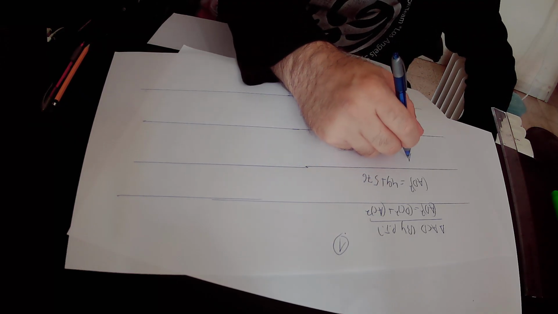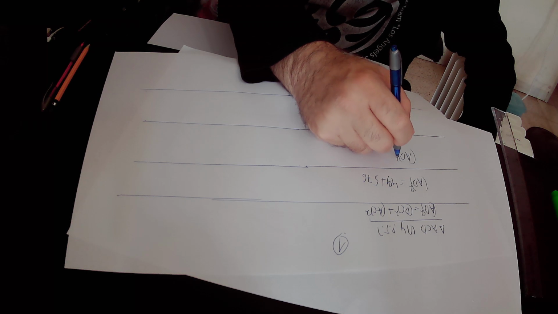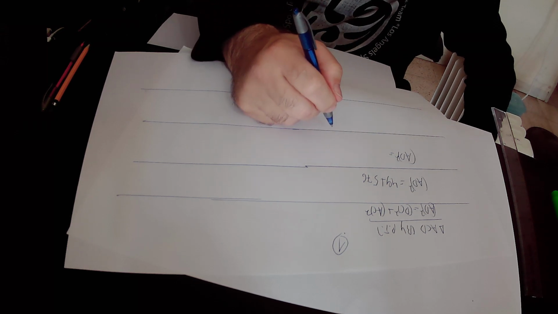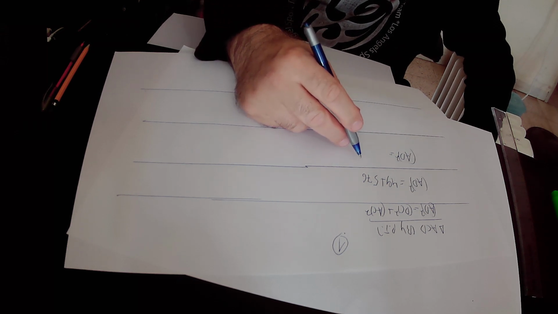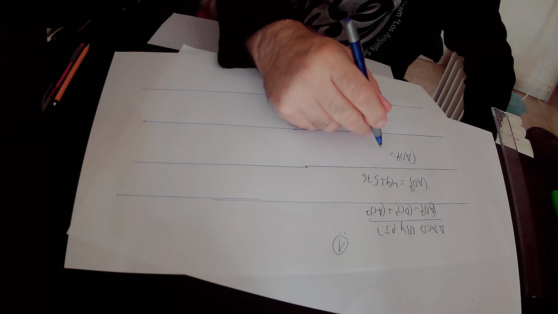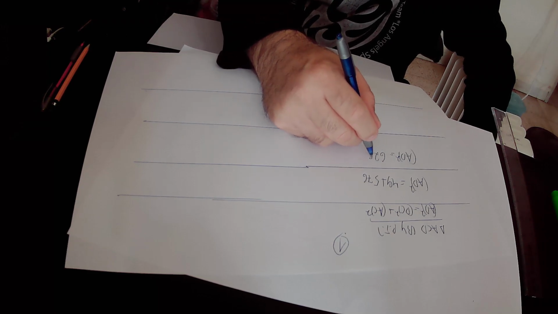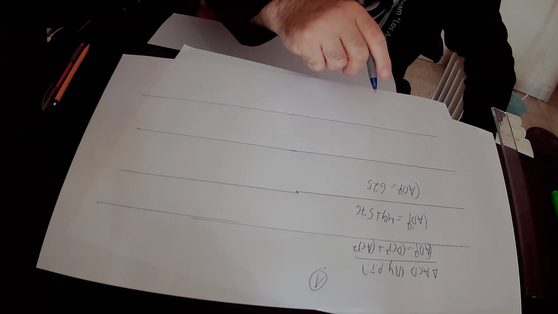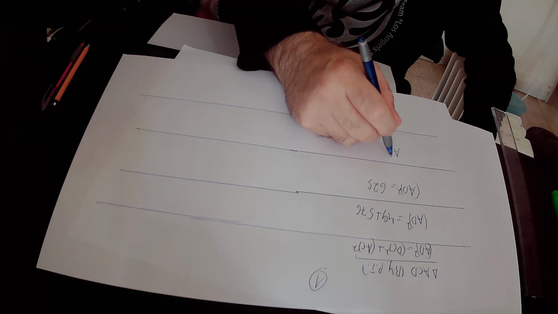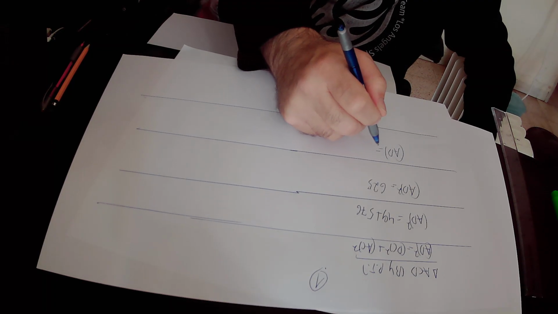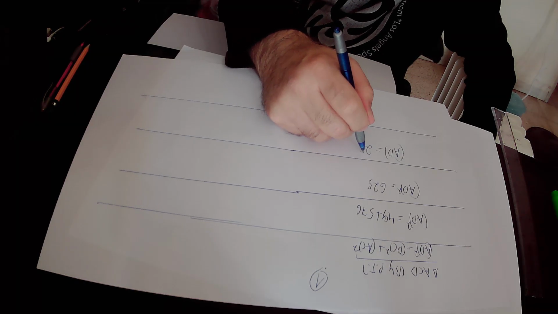So AD squared equals 49 plus 576, which is 625. So we will take the root of this equation and we will get that AD equals the square root of 625, that is actually 25.